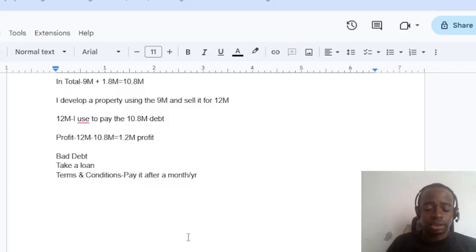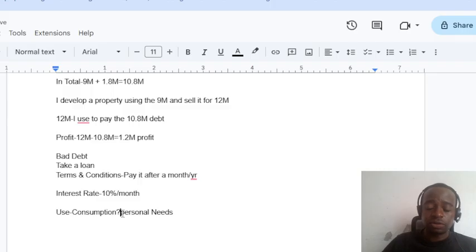And let's say the interest rate is 10% per month. And then the use of this debt is that you use it for consumption or personal needs, which means that you're not using this debt to accrue more money.